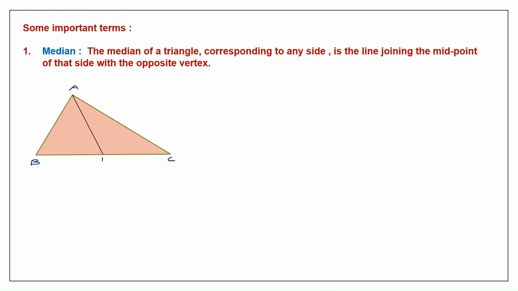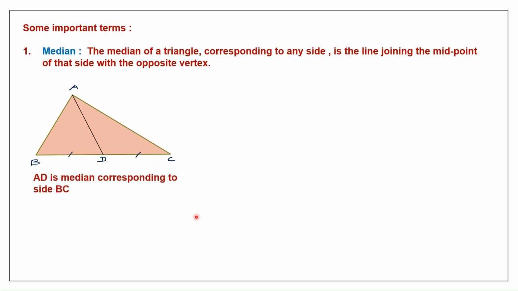So this is the midpoint of BC, dividing it into two equal parts, and this line from D to the opposite vertex, that is AD, is called the median of this triangle ABC. So AD is the median corresponding to side BC.